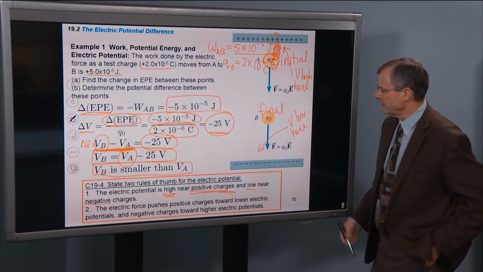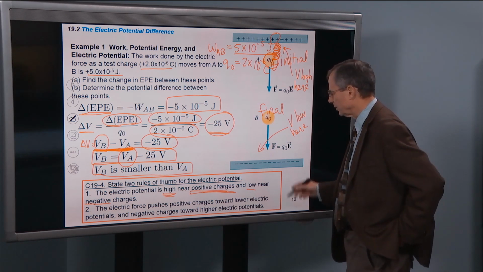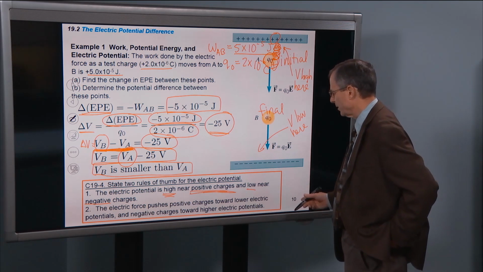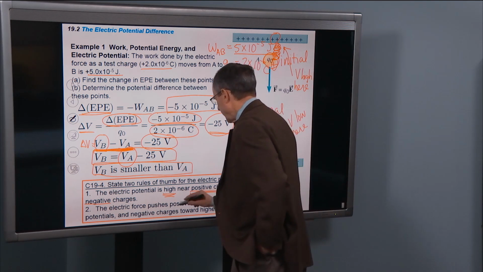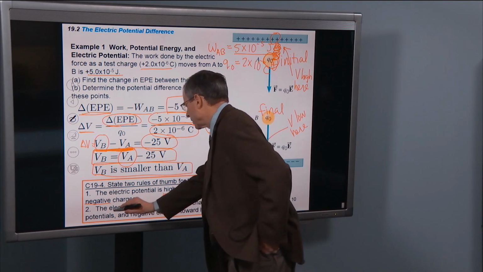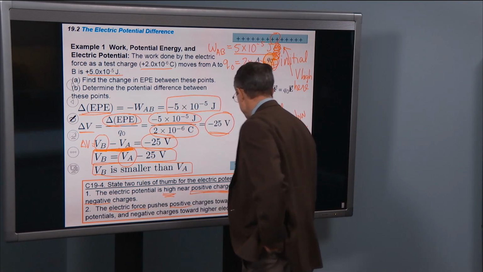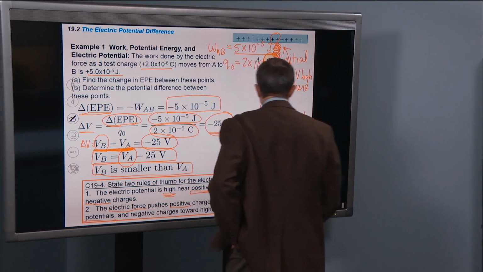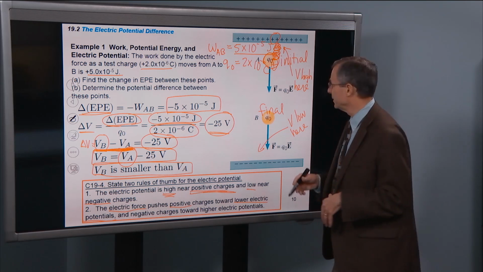Okay, and then number 2, the electric force pushes positive charges toward lower potentials and negative charges toward higher electric potentials. So let's see if we can analyze that. This force, the electric force, is going to push positive charges toward lower electric potentials. Well, that's just the same thing we've been saying, but in a little bit different way.